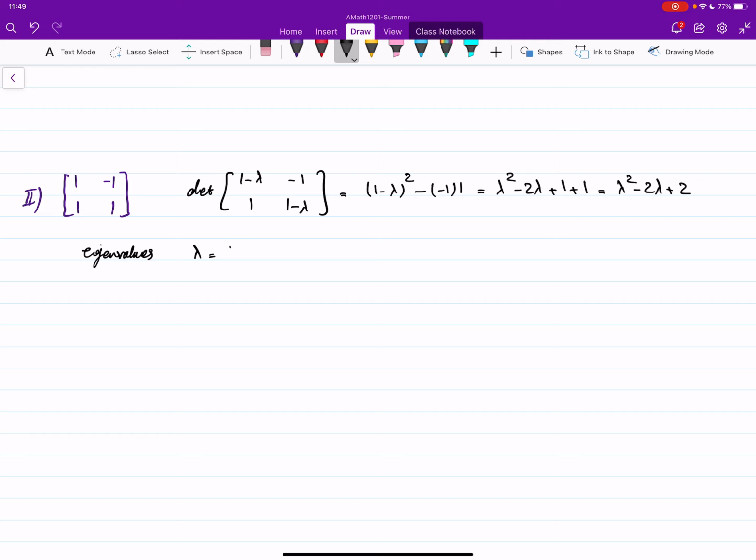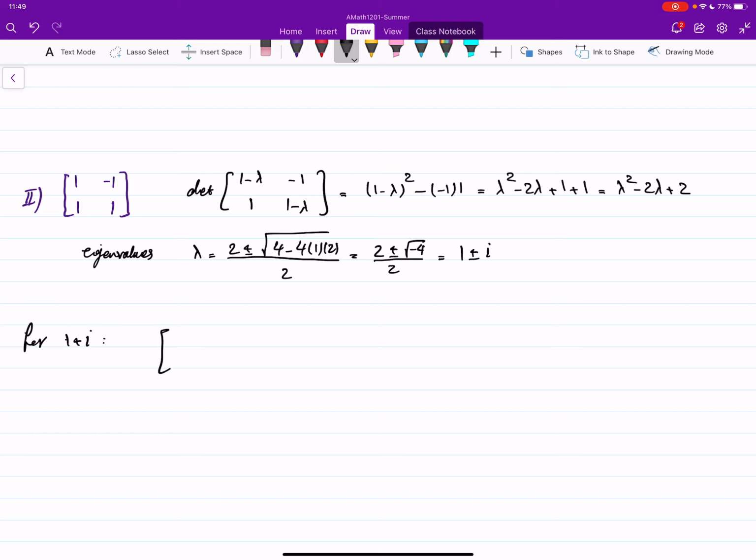Solve that one: 2 plus minus root of negative 2 squared, 4, minus 4ac, divided by 2. That's 2 plus minus root negative 4, and that would give me 1 plus minus root negative 1, which is i.